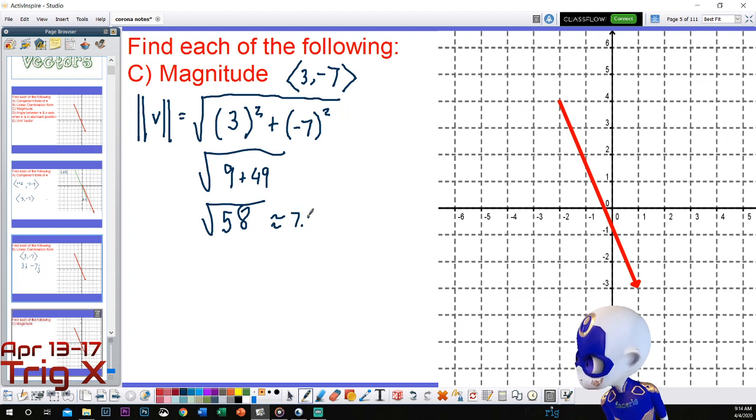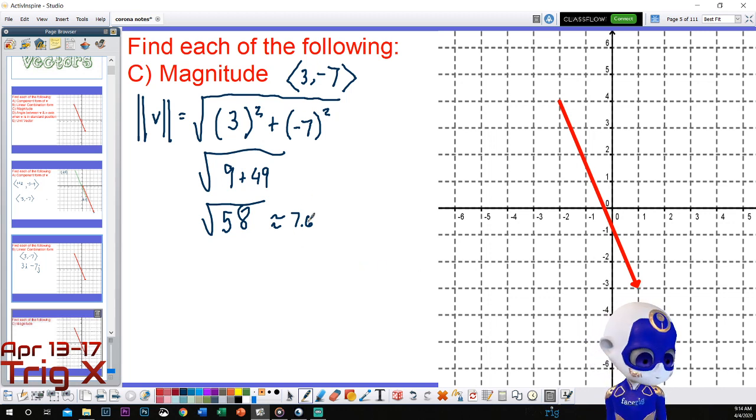So if we're rounding it to 7.6, we would ask, is this line about 7.6 units long? Well, if we went down 1, 2, 3, 4, 5, 6, 7, if it went straight down to there, that would be 7 units. But then we dragged it diagonally across, which had to stretch it just a little bit, so it's going to be a little bit longer than 7, which 7.6 makes total sense.